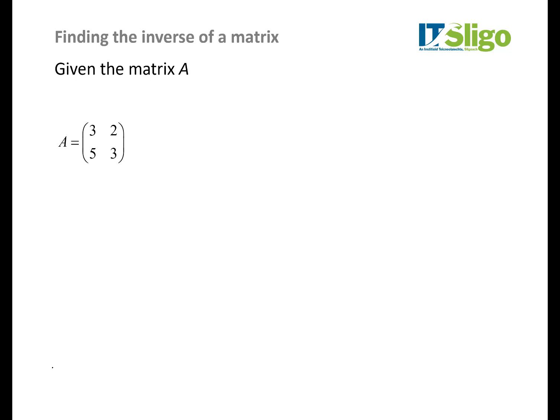Here's the matrix. And now we're going to find the inverse. So the first bit is simply A by D, 3 by 3 minus 2 by 5. So that'll give me 1 over 9 minus 10. So that's my determinant.